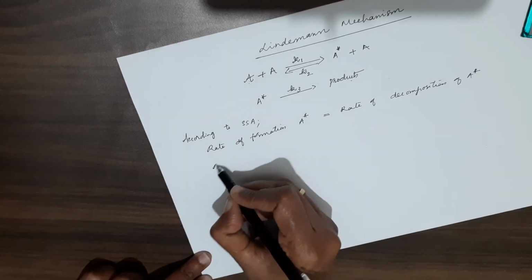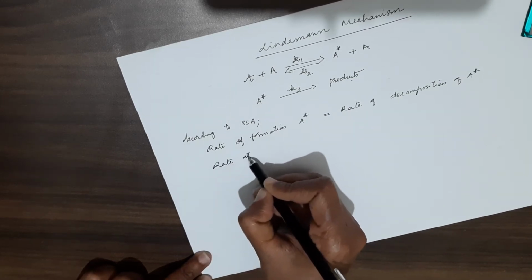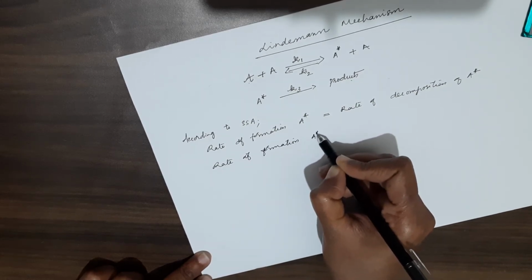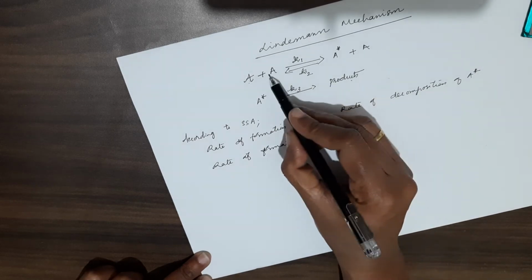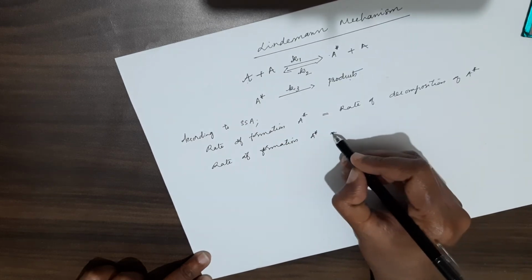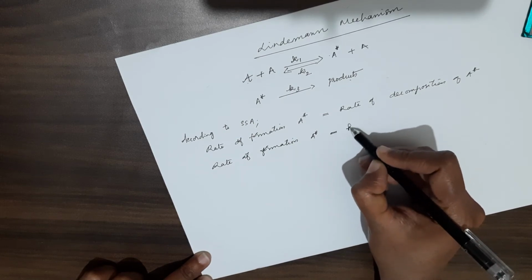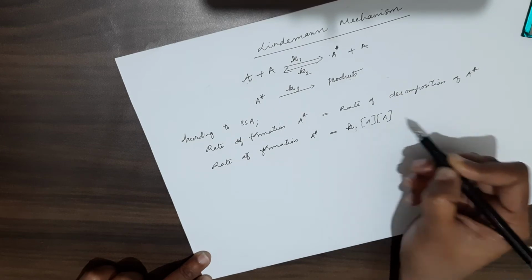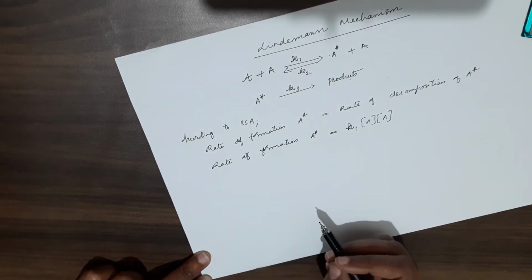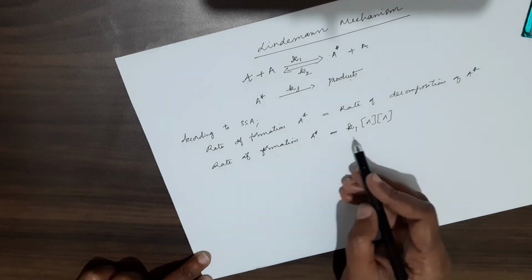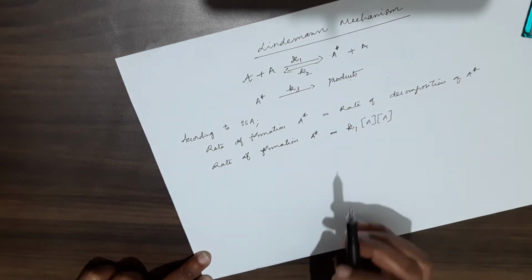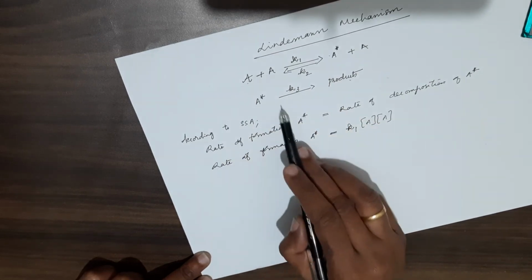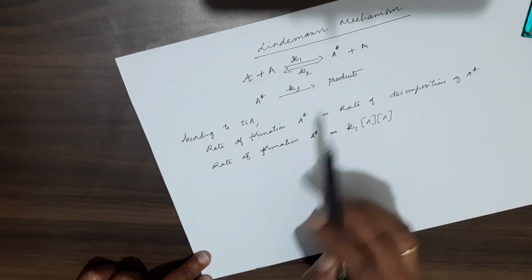Now what is the rate of formation? In the first step A star is forming, so we can write the rate of formation of A star as K1 into concentration of A into concentration of A. In no other step is A star forming. A star is decomposing back to the gaseous molecule, and A star is decomposing into the product.